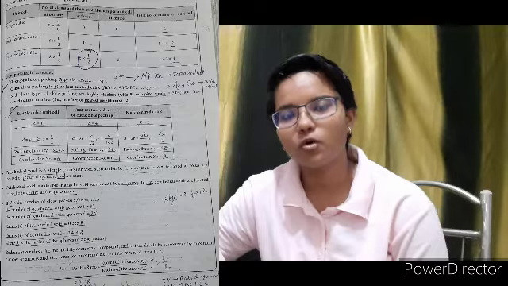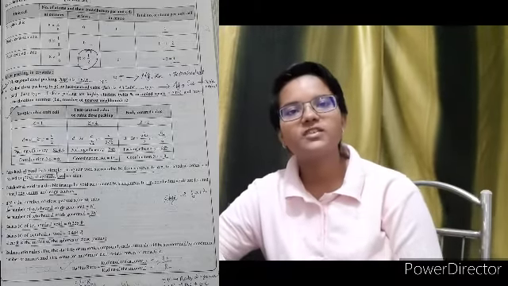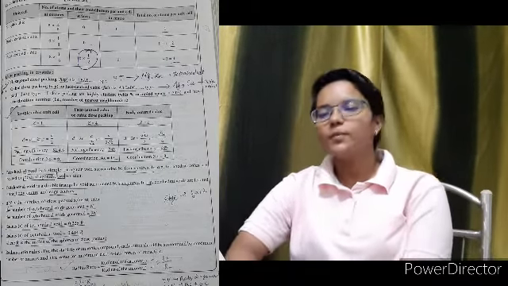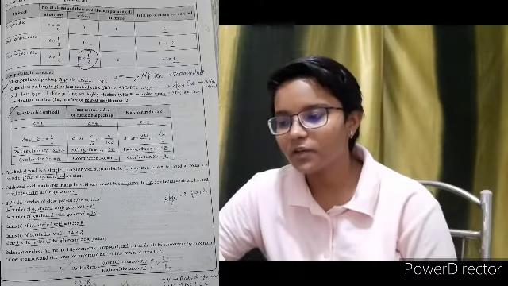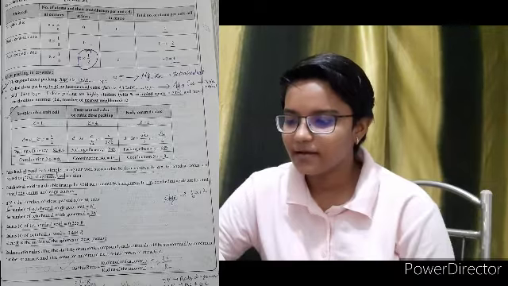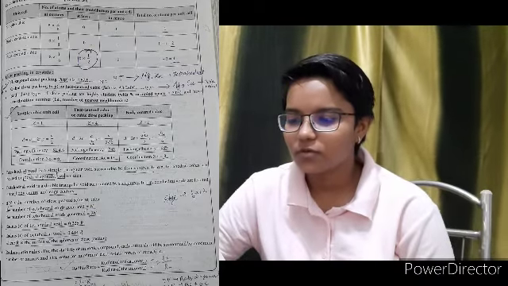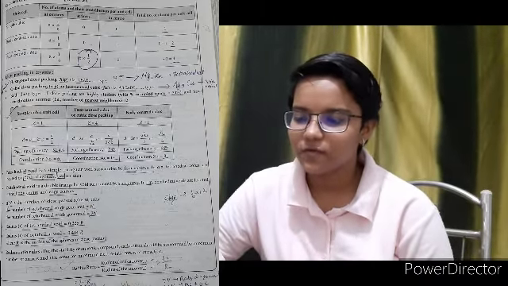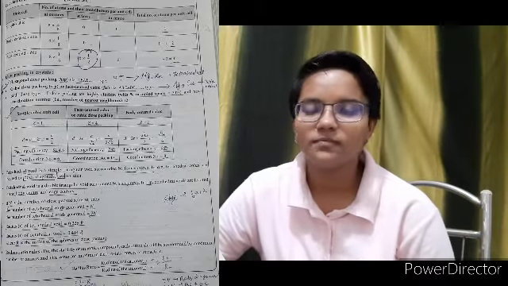Now simple cubic unit cell: Z equal to 1, A equal to 2R, R equal to A upon 2. Packing efficiency 52.4%. Coordination number is 6. And face centered cubic or cubic close packing: Z equal to 4, and R equal to A upon 2 under root 2. Packing efficiency is 74%. Coordination number is 12.